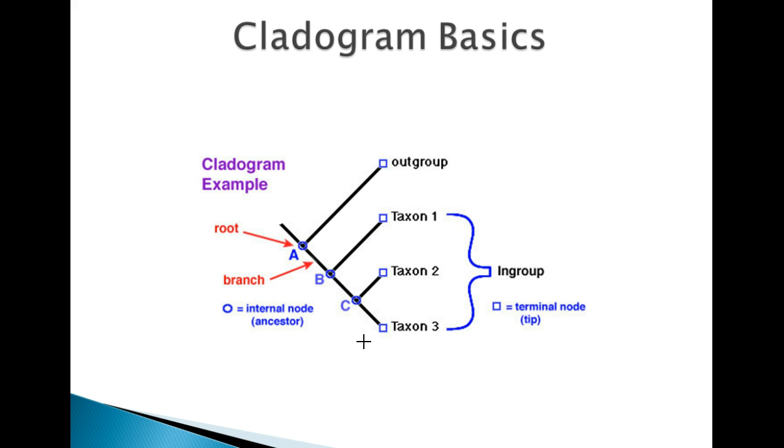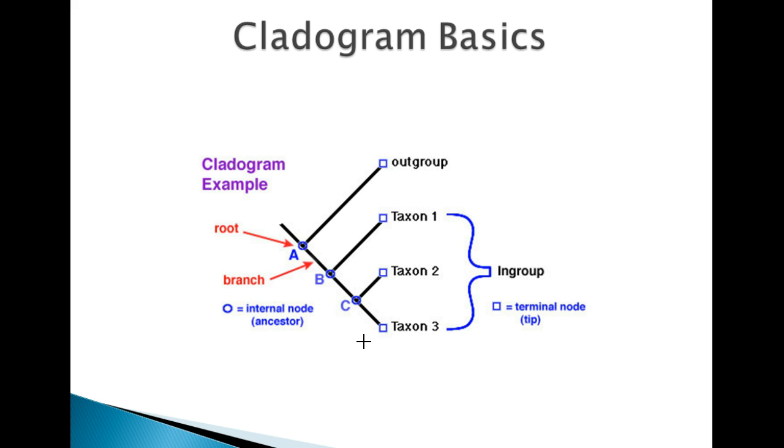A clade includes the common ancestral population, also called the node, plus all its descendants. Write that down. Now we'll talk about what we mean. So a clade includes the common ancestral population of the node plus all its descendants.